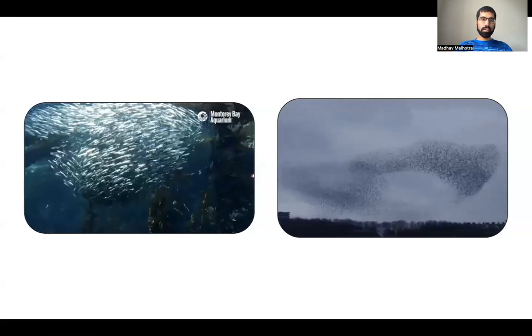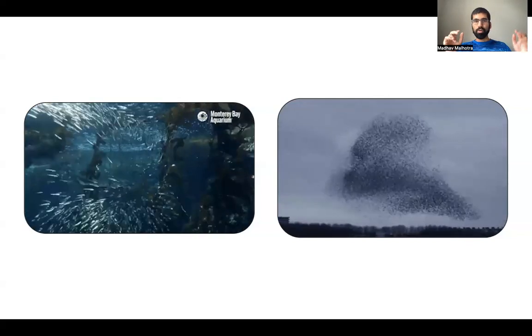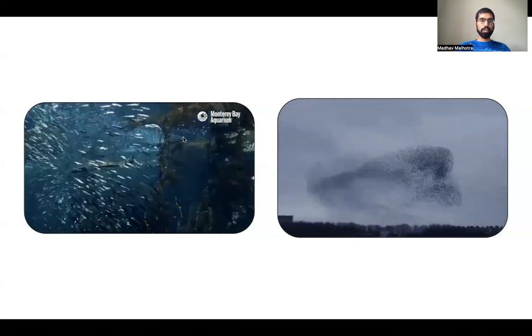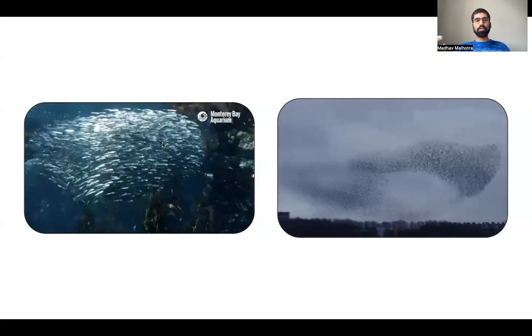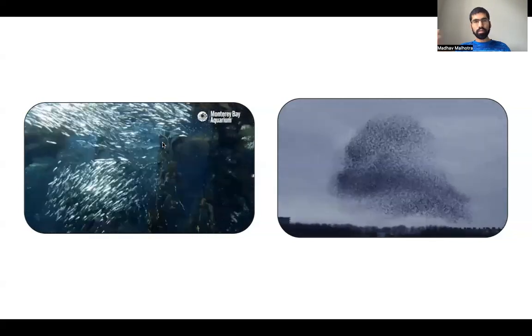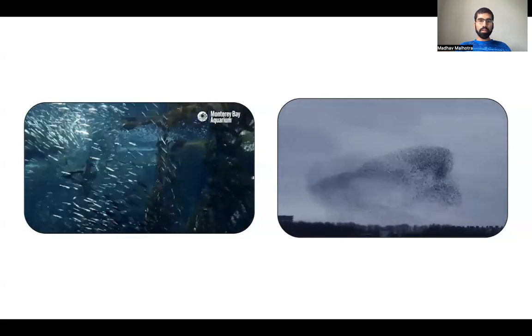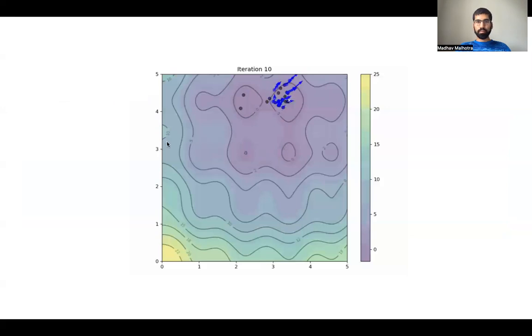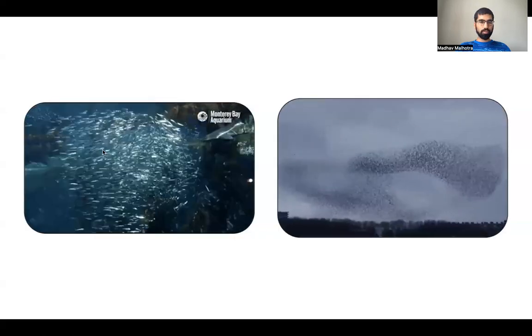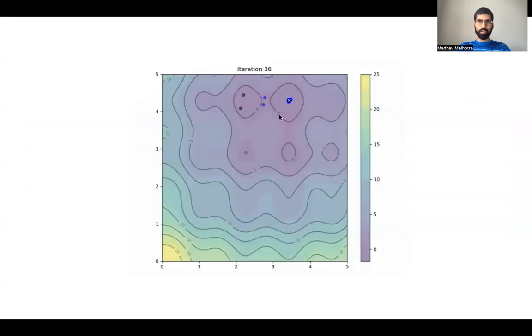How does this actually look in the algorithmic sense? How do we take inspiration from this movement of fish or movement of birds? Well, take a look at the dots on the screen. You can see how this looks a little bit similar to the fish we just saw, how they were swarming around. So the dots represent different guesses, like in the picture we had before.